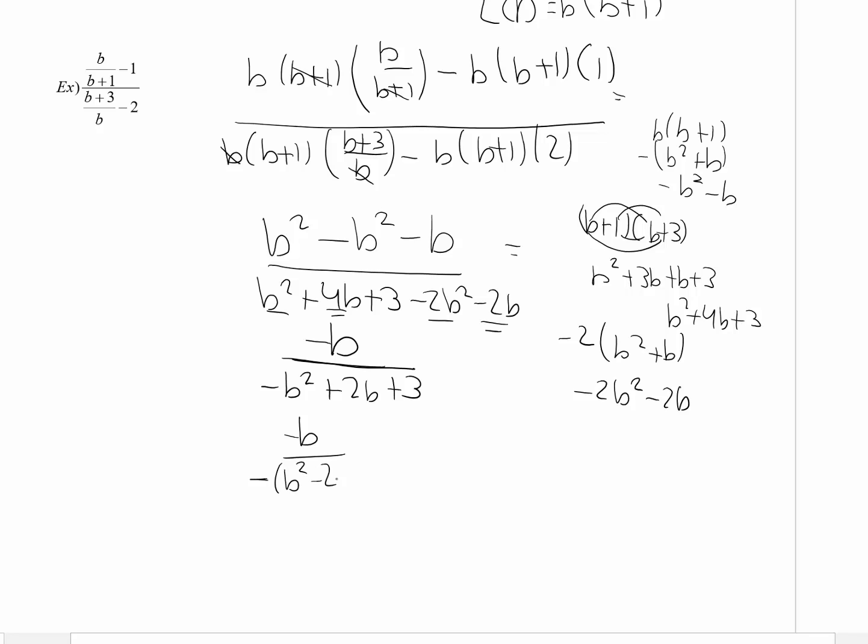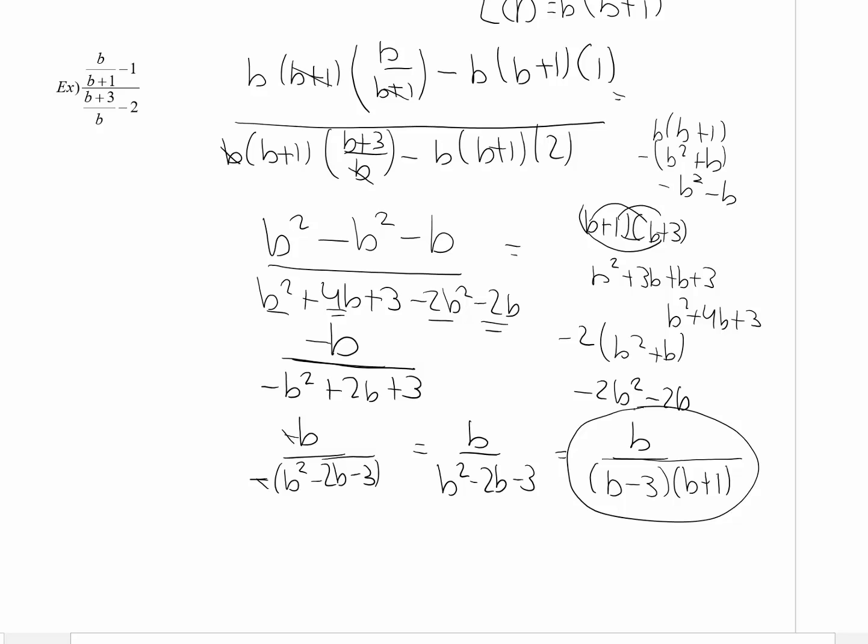That's b squared minus 2b minus 3. I am going to divide out the negatives. And this can be factored as b minus 3 times b plus 1. There's no other factors I can divide out from the numerator and the denominator. So now this is simplified.